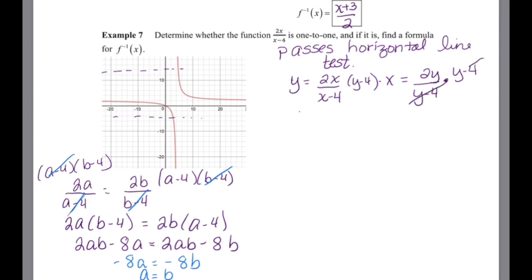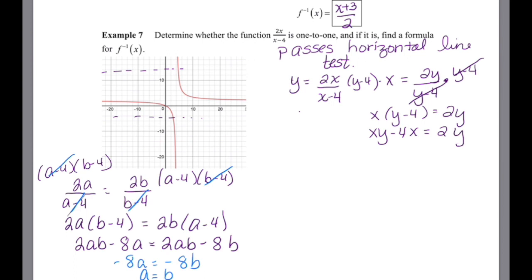These will be eliminated, and I'll now have x times y minus 4 equal to 2y. I will distribute, so I have xy minus 4x equals 2y.